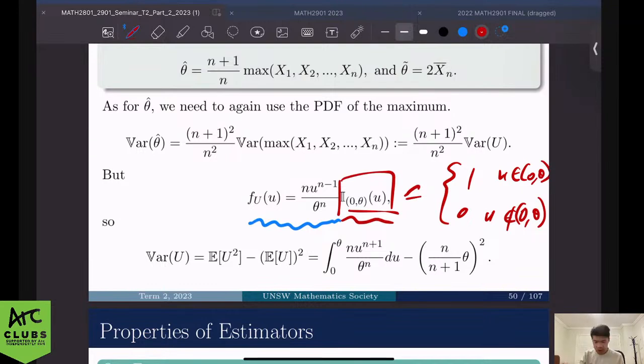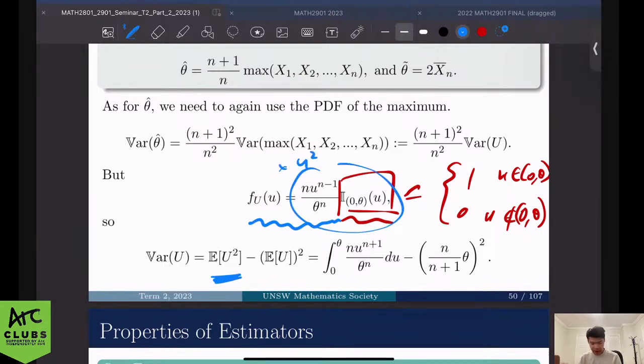So what you would do is just do the variance, right? So hopefully you remember that the variance is equal to the expectation of u squared minus the square of the expectation. And so you can just calculate both integrals. So expectation of u squared is equal to this all times u squared.